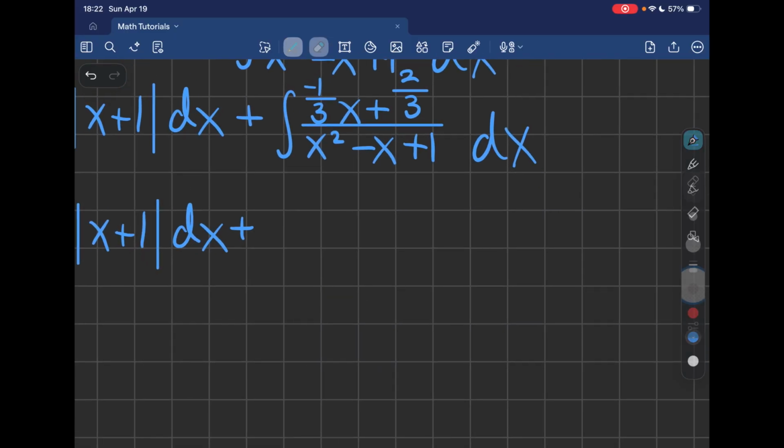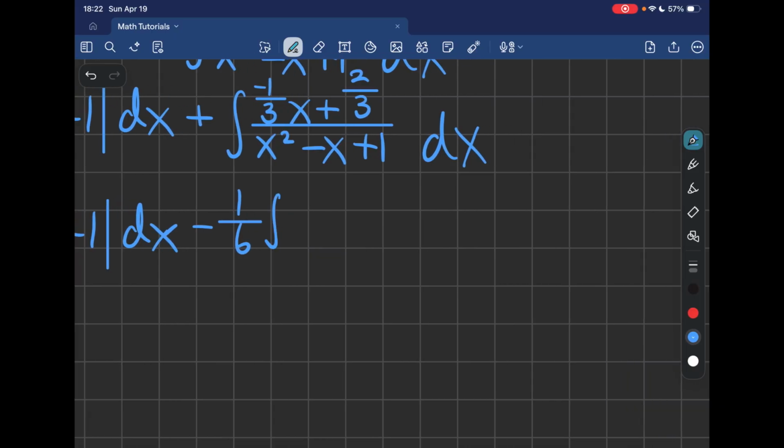So actually we should pull out negative 1 over 6, and you will see why. Instead of negative 1 over 3, we should pull out negative 1 over 6. And so we'll end up with, in the numerator, 2x minus 4, right? And then we have x squared minus x plus 1 dx.